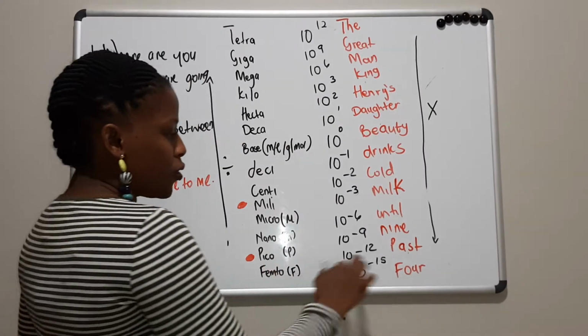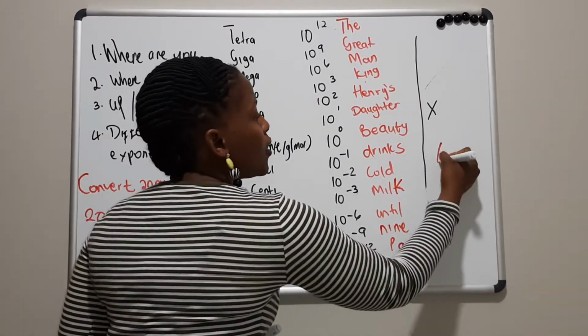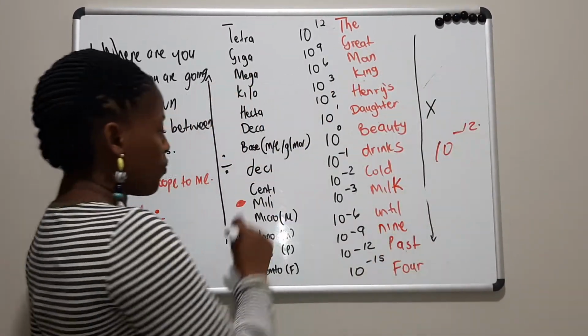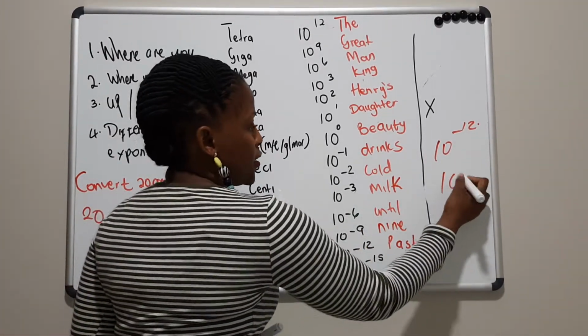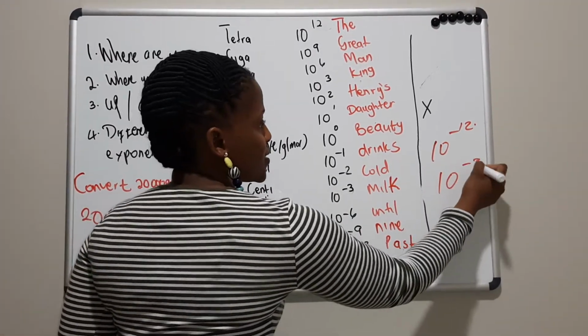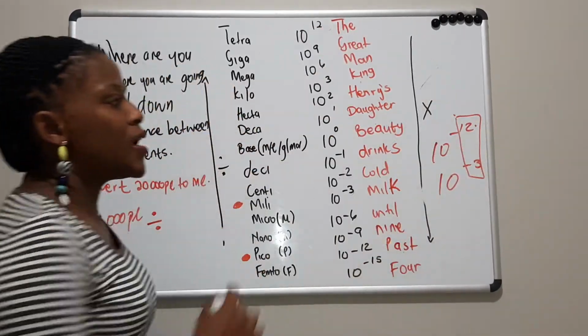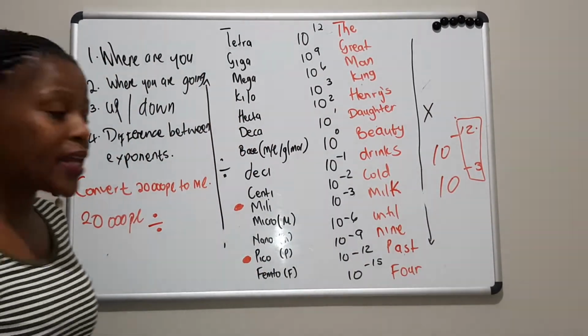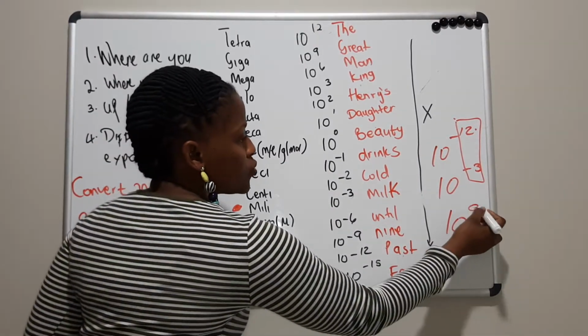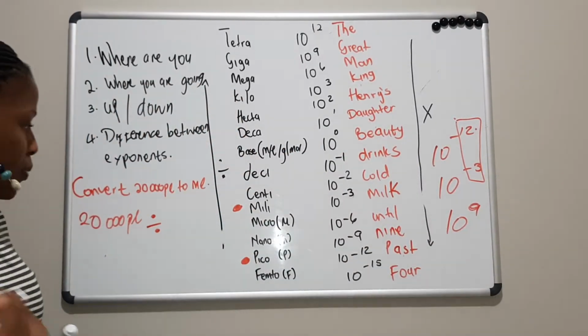So pico is 10 to the power minus 12, and milli is 10 to the power minus 3. So now we're going to get the difference between the exponents, and the difference between 12 and 3 is 9. So it means we are going to divide by 10 to the power 9.